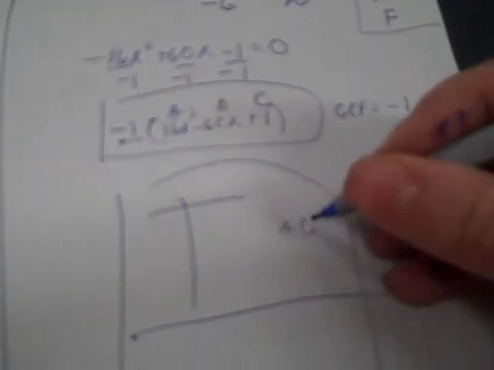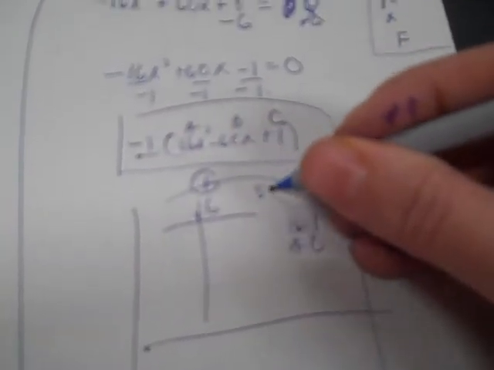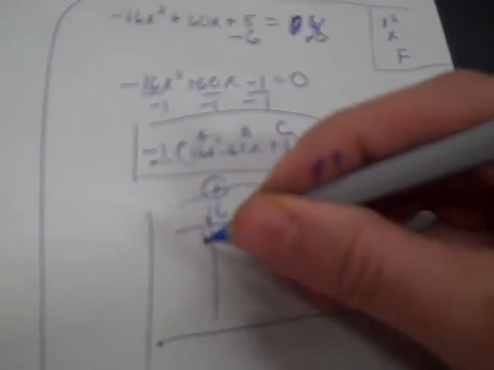Okay, 16 times 1 is 16, so positive. Sum of 60, there's no way that works. I mean, think about it, okay? Starts high, gets lower, it ain't going to get to 60, okay?